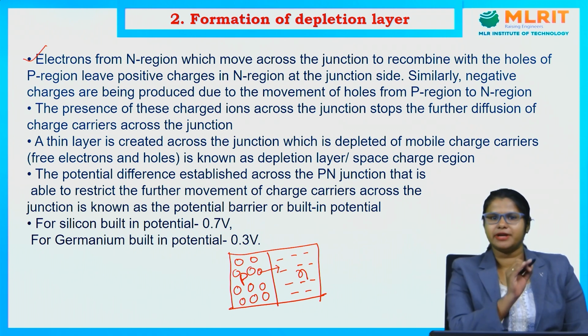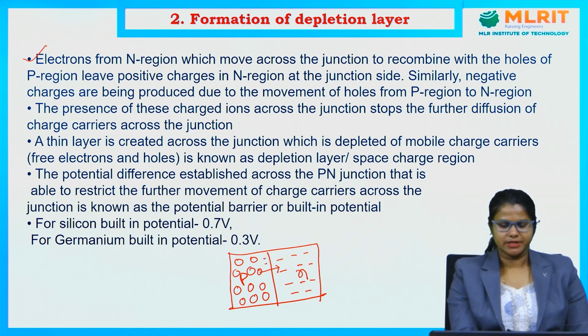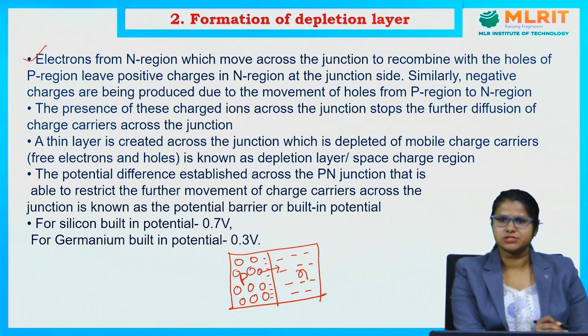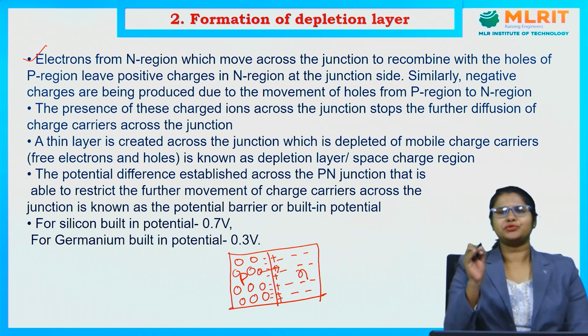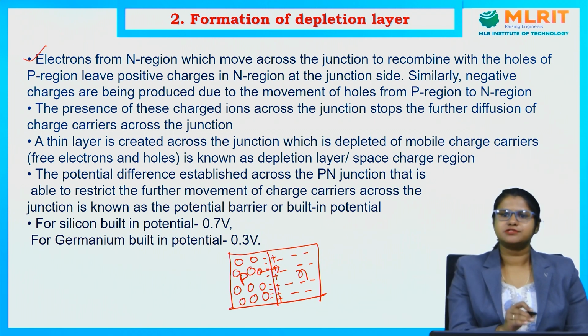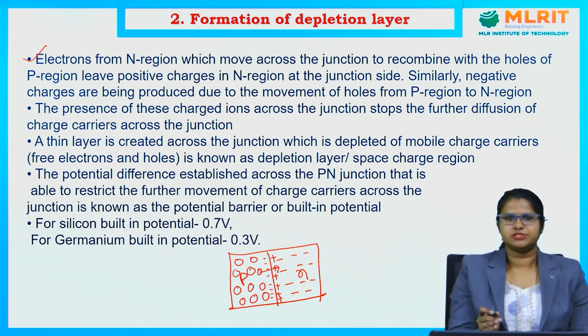When excess holes go from the P side to the N side, a little negative charge develops at the junction. Similarly, when electrons from the N side are attracted towards the holes in the P side, a little positive charge develops at the junction. Due to the diffusion of electrons from the N region to the P region and of holes from the P region to the N region, two layers of charge are deposited at the junction.